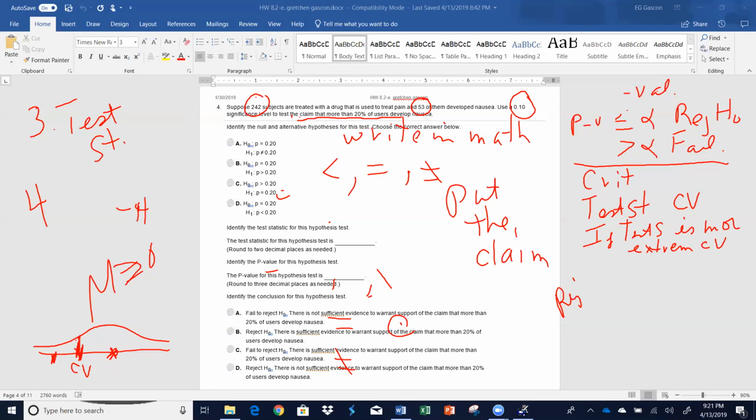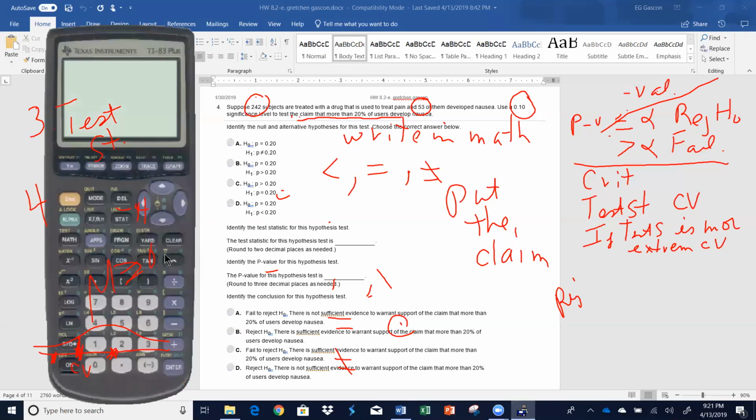So with the calculator, and Paul, are you using the calculator? Yes, I am. Okay, good. So I turn this on. I'm going to use STAT, TESTS, 1-PropZTest. The information is right there in the problem. p0 is 0.2, so I'm going to put a 0.2 in there.